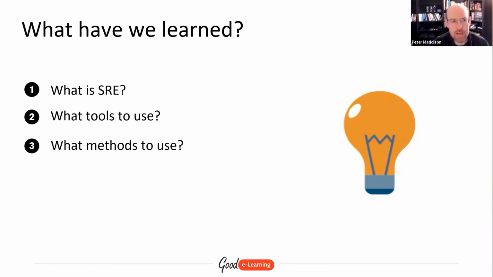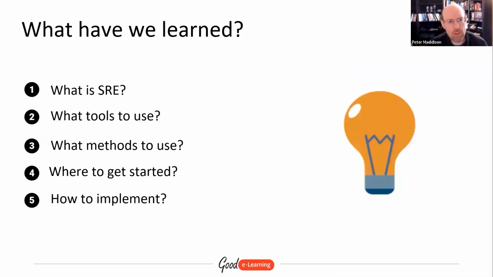We talked about the methods that go along with those, how you implement them, what they might look like. We talked about where to get started in terms of finding the people in the organization it's best to work with, helping them get better at what they do. And we've talked about how to go about implementing this and how this helps with a DevOps transformation. So with that, I think we're at the end of our presentation, and I will pass it back to Ryan to provide a few last-minute notes.